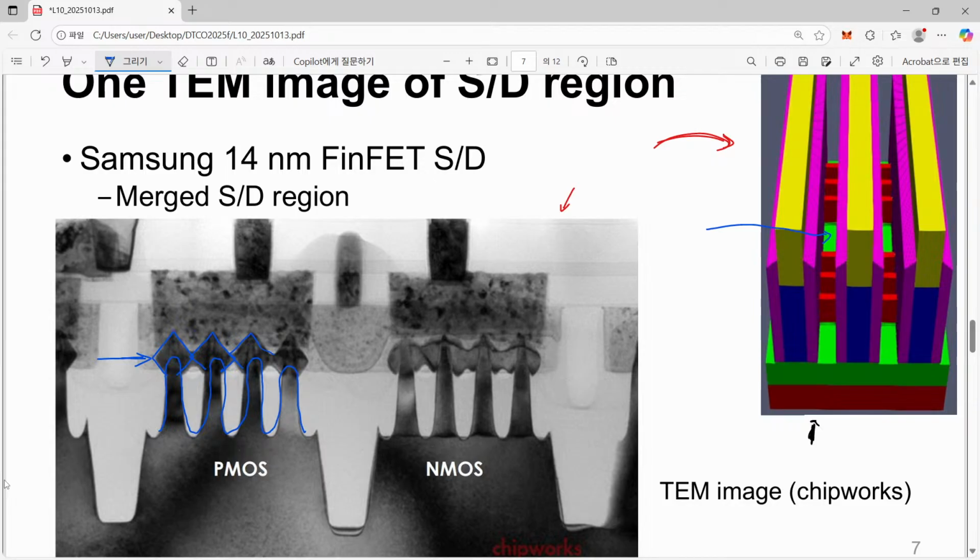There are diamonds in PMOSFET, and in this NMOSFET, the shape of a diamond is not as beautiful as in PMOSFET, but sometimes they call it a mushroom shape, but anyway, there is a similar thing.